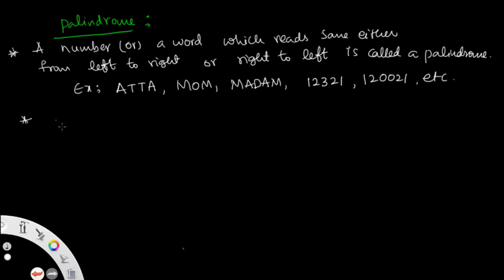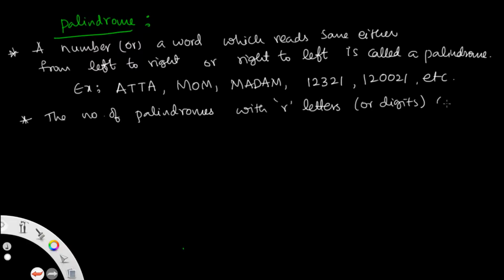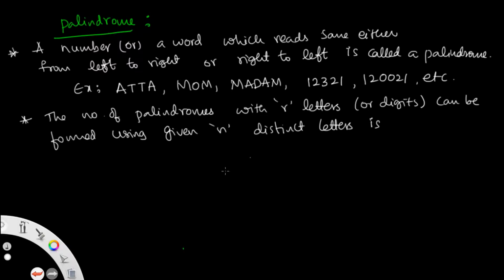That is the formula. So write down: the number of palindromes with r letters or digits that can be formed using the given n distinct letters is, first condition, n to the power of r by 2 if r is even, and second condition, n to the power of (r plus 1) by 2 if r is odd.